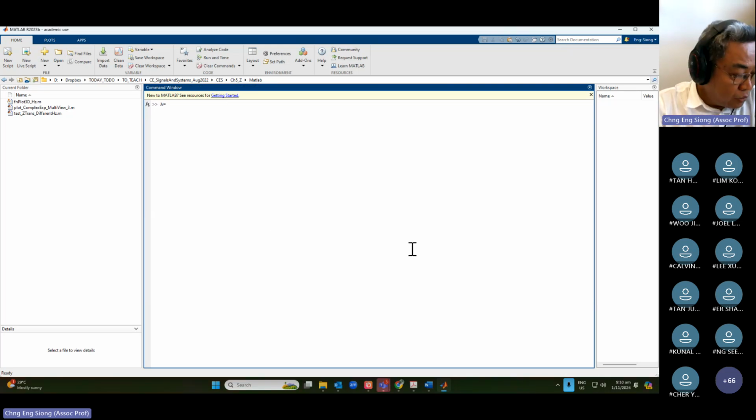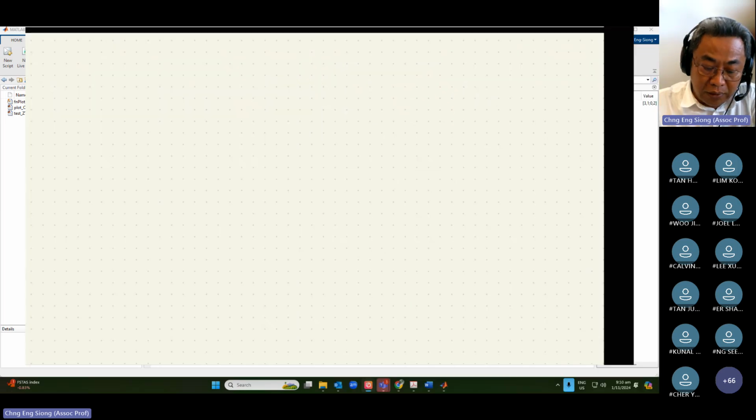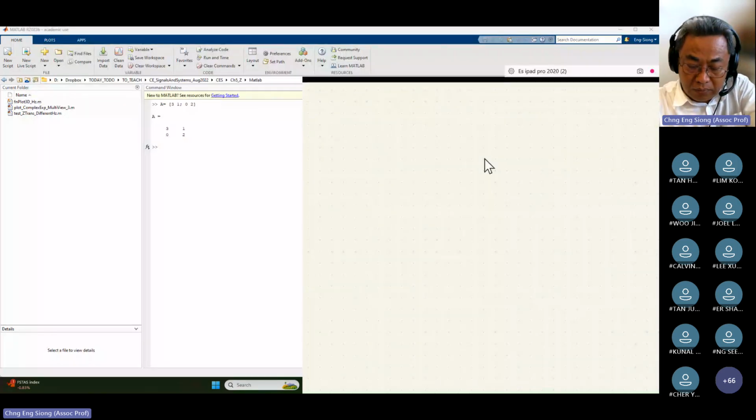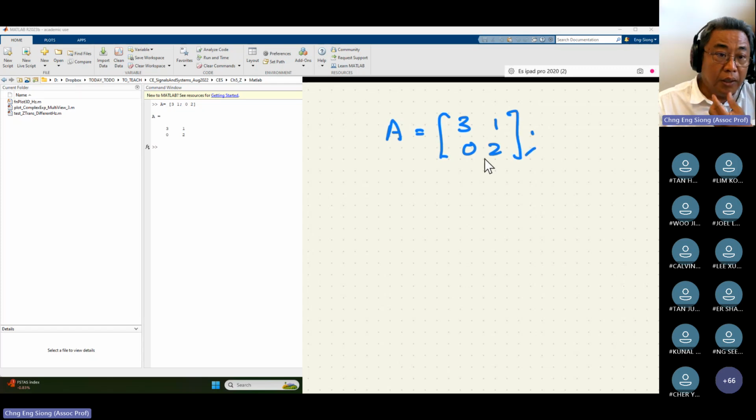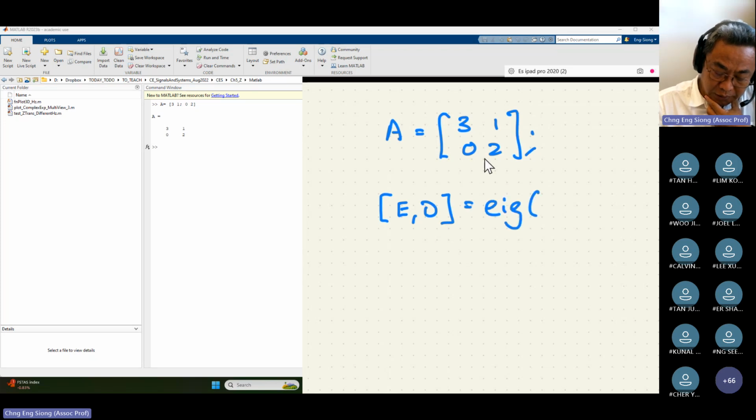A is equal to 3, 1, 0, 2. So I'm going to write it here so that you can see it as well. So A equals 3, 1, 0, 2. And then E, D equals eig(A).